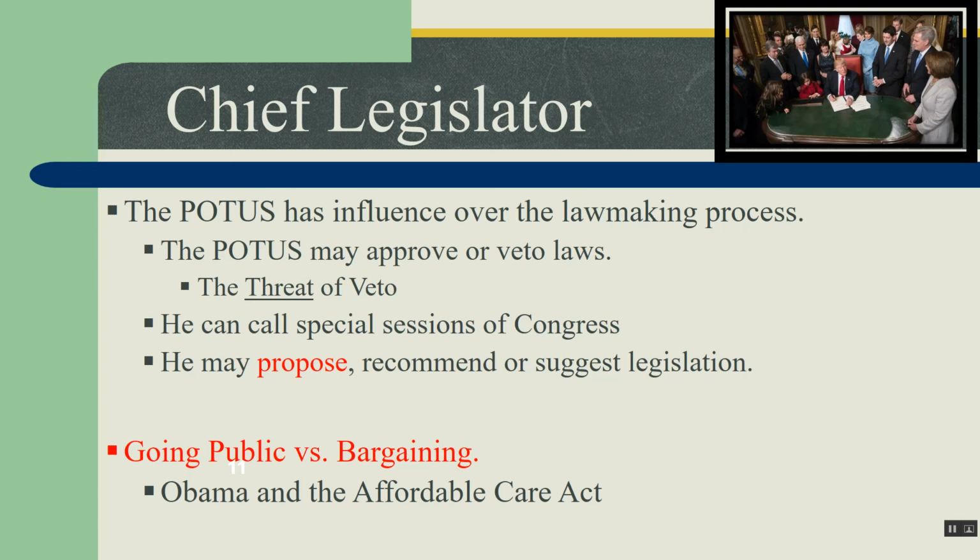So what are the tools that presidents have to get Congress to comply with their proposed policies if Congress is being resilient or resistant? Well, broadly speaking, presidents have two informal approaches to encouraging Congress to sign policies consistent with the president's agenda. These are called bargaining and going public.